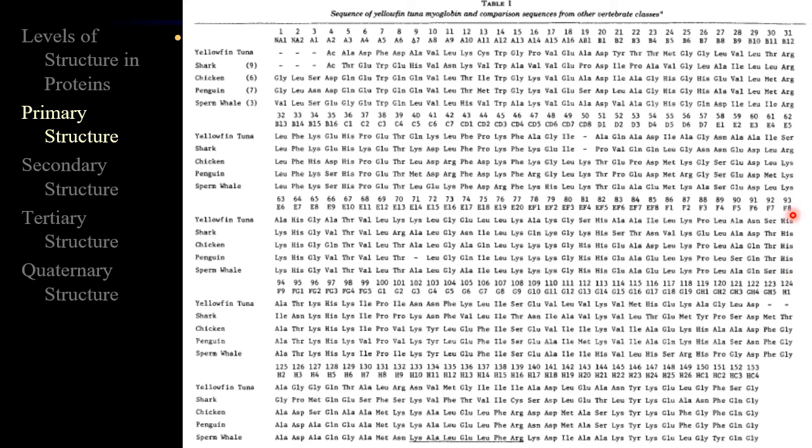In all species that have myoglobin or hemoglobin, the E7 will always be histidine. So this will be conserved. What do you think will happen if for some organism there's a mutation and instead of histidine this becomes serine? Well, that organism will probably not survive, because it cannot carry the oxygen.